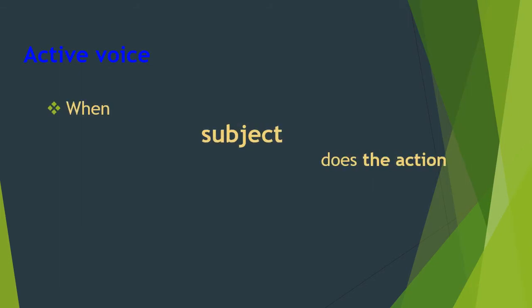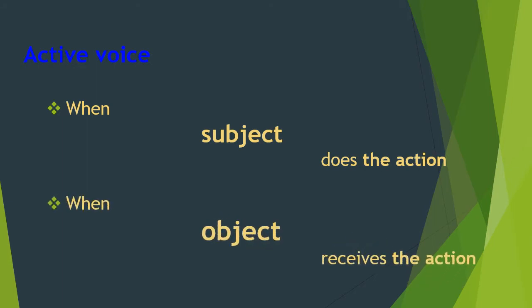First, let us learn about active voice. A sentence is said to be in active voice when the subject does the action or else when an object receives the action.